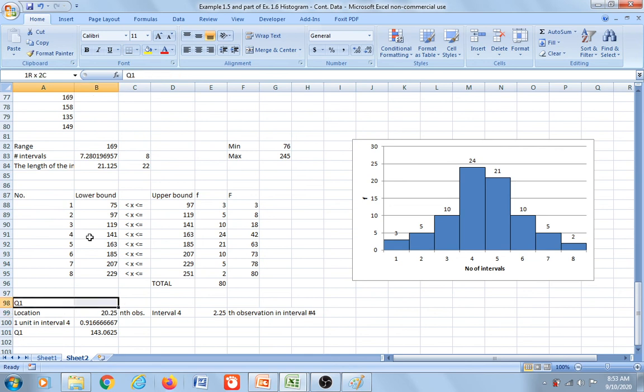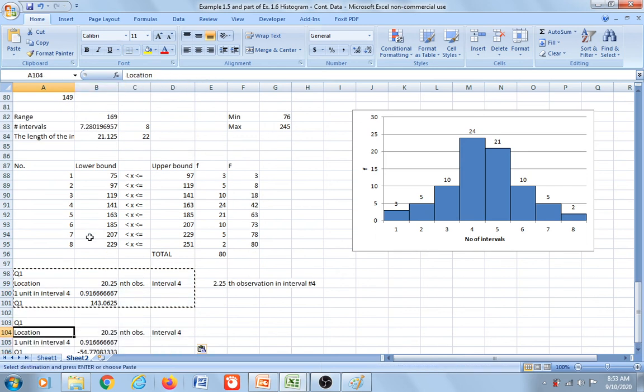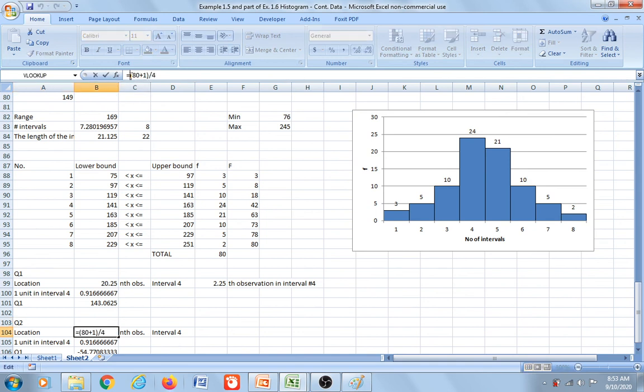Now we calculate quartile number 2, or the median. Okay, location, so it is 2 times n plus 1 divided by 4. That's the location of the quartile 2. It is the 40.5 observation.